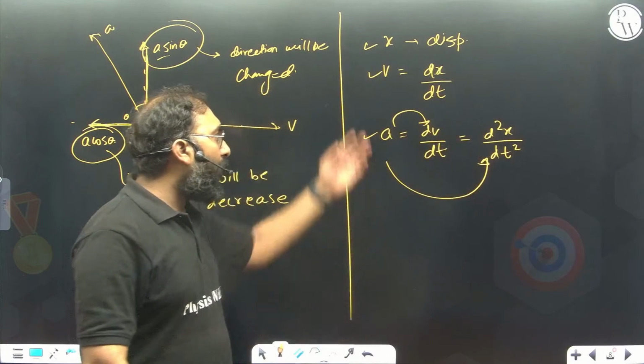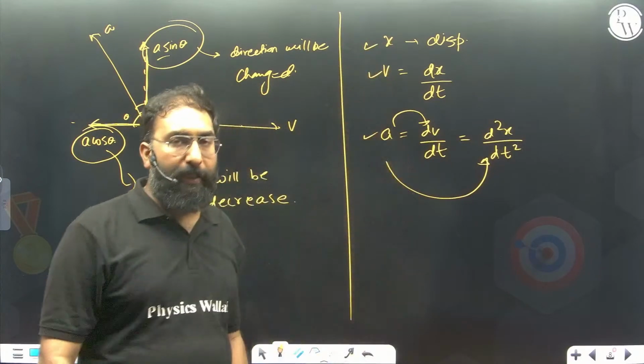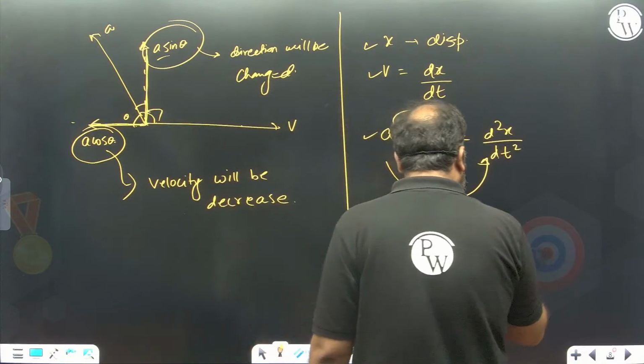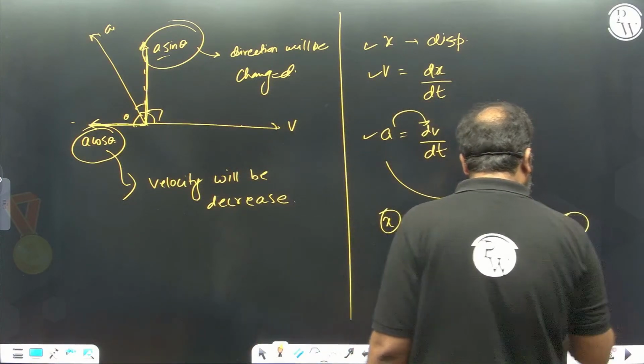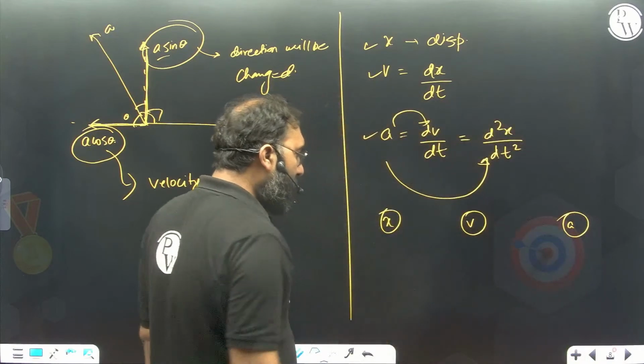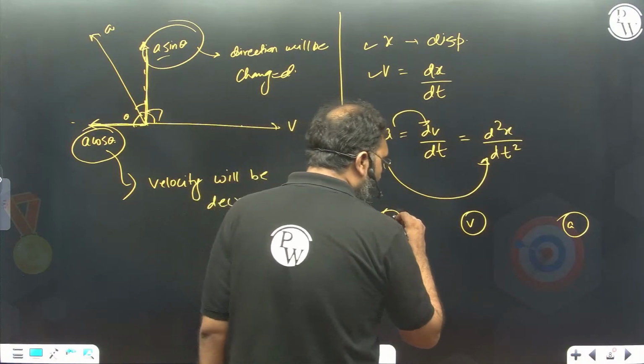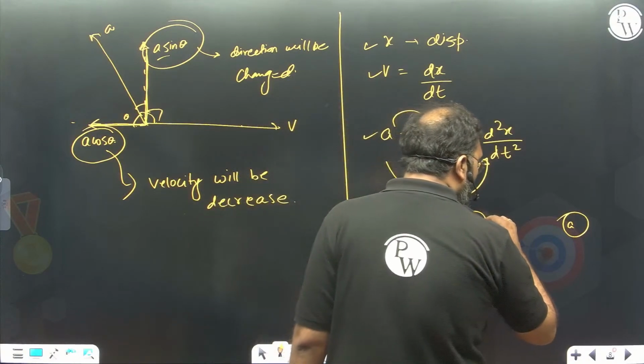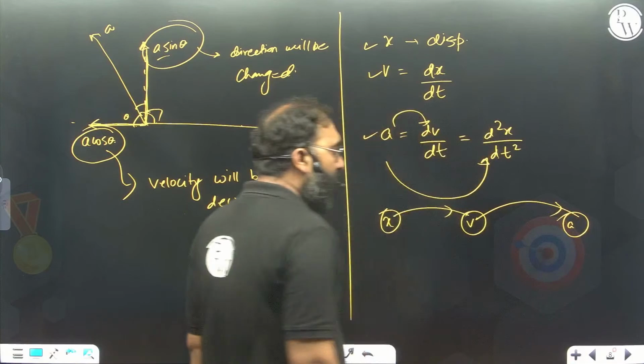So this is how we can write down the displacement, velocity and acceleration. By differentiating displacement with respect to time, I get velocity. Differentiating velocity with respect to time, I get acceleration.